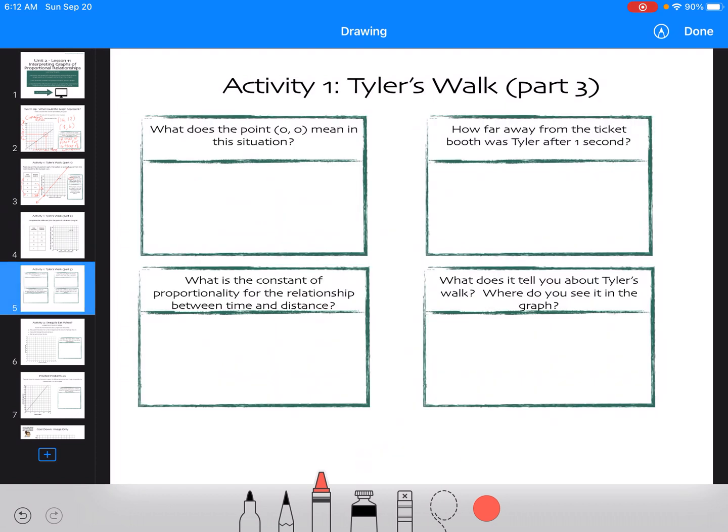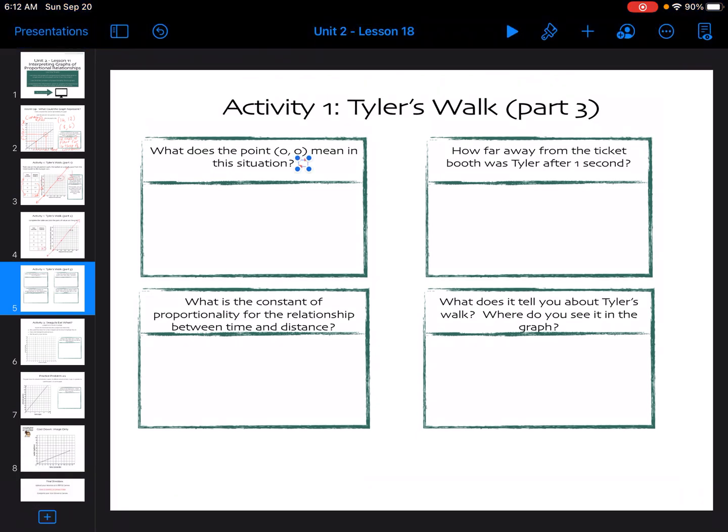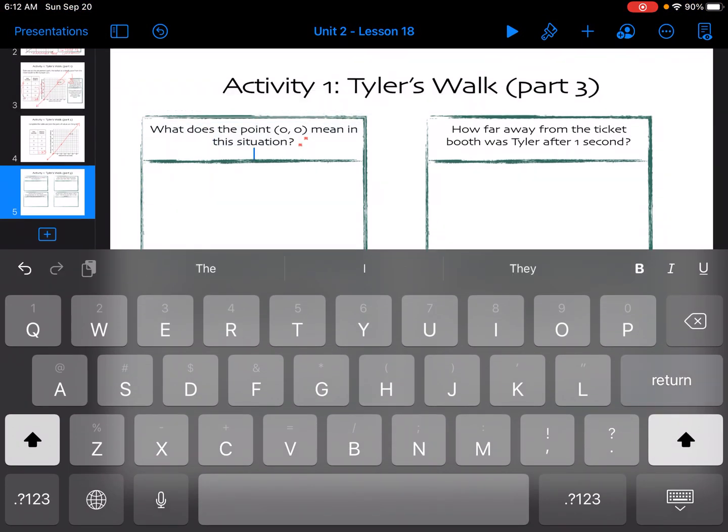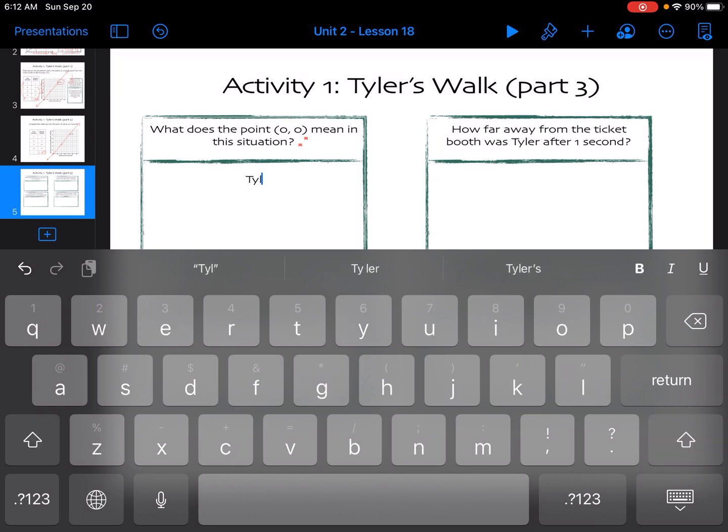All right, so what does the 0, 0 mean in this situation? Well, it means that Tyler is at the ticket booth, but has not started walking.